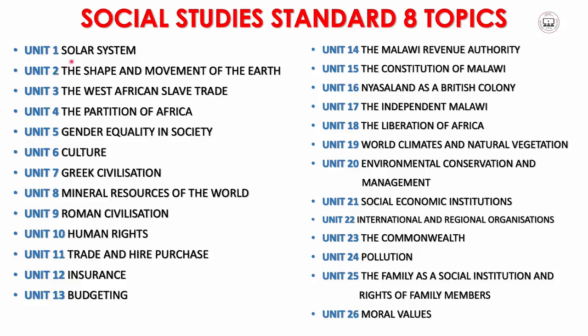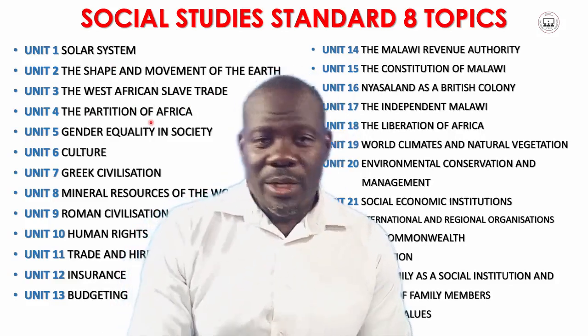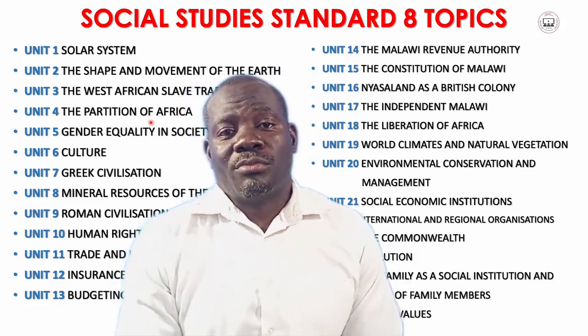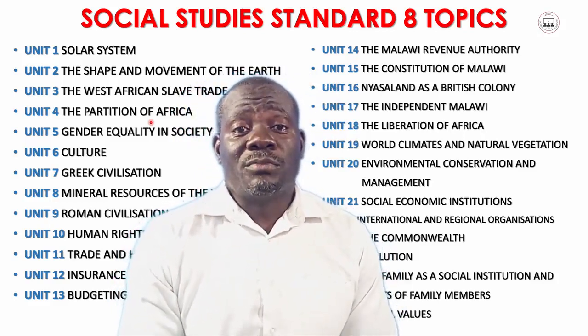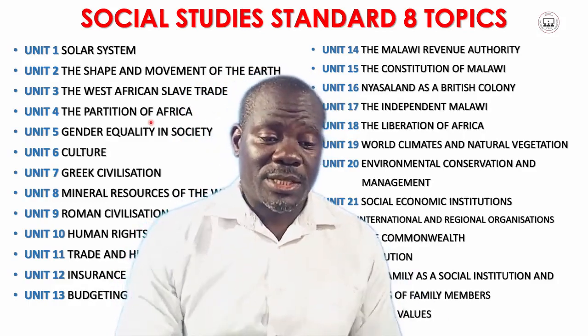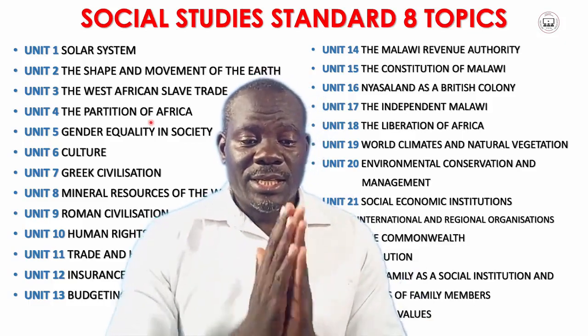The first ones we did were the solar system, the shape and movement of the earth, and the West African slave trade, and the partition of Africa is today's unit that we are going to look at. So here is the whole work that you need to know in Standard 8 if you are to pass social studies. These are the topics, so make sure that as you study, these are the things.